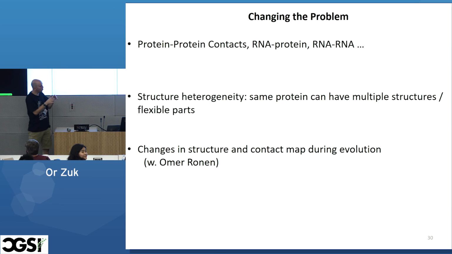We're trying to solve this problem for the case where the structure itself changes. If you have a multiple sequence alignment, the assumption of all these methods is that they all share the same structure, and if you have a contact, it will induce coevolution. But sometimes the contact itself changes during evolution, and it appears in some of the alignment and doesn't appear in the others. And we're trying to model and solve this problem.